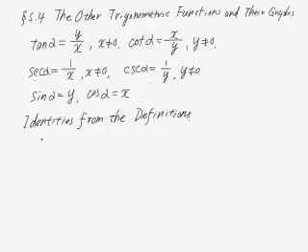So first, we know tangent alpha, which is equal to y over x, and y is sine alpha, and x is cosine alpha.